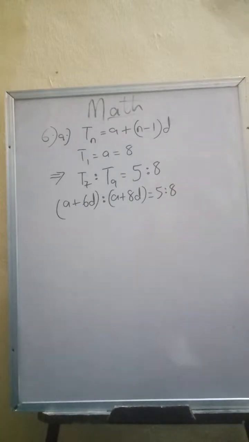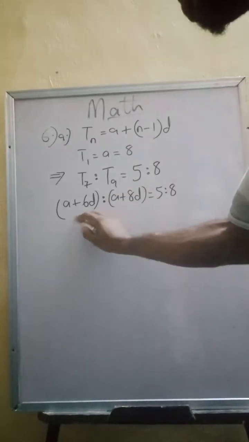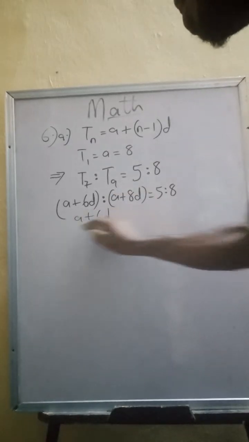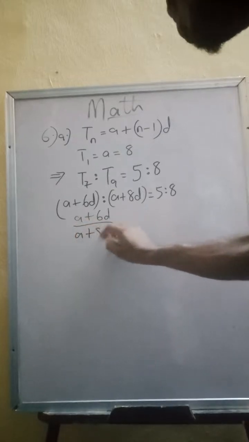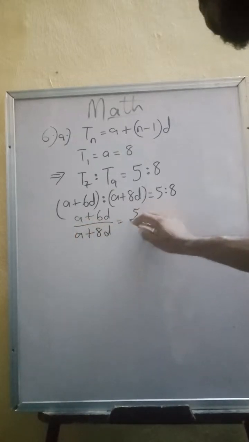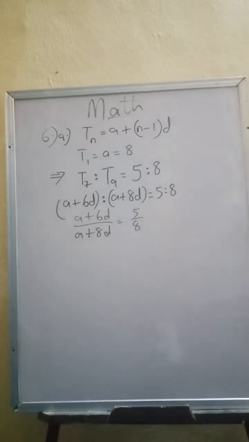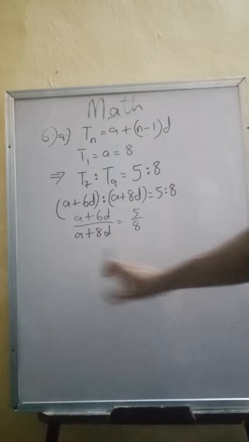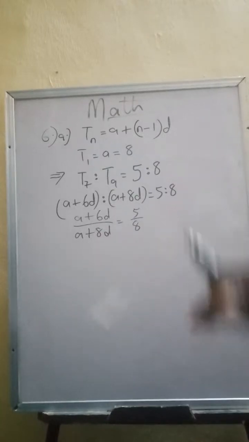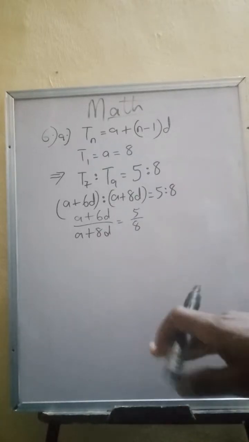Now, a ratio can be written out as fractions. So this is a plus 6d over a plus 8d equals 5/8. The next thing we want to do is cross multiply, or multiply both sides by the LCM of the denominators.